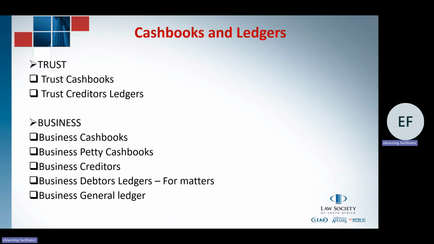Okay. And the other thing is that for our petty cash, we also record what is called a petty cash book. Usually with a petty cash book, we can record it in a similar manner as a normal cash book that we open in various accounting systems, or you can create it as a ledger.